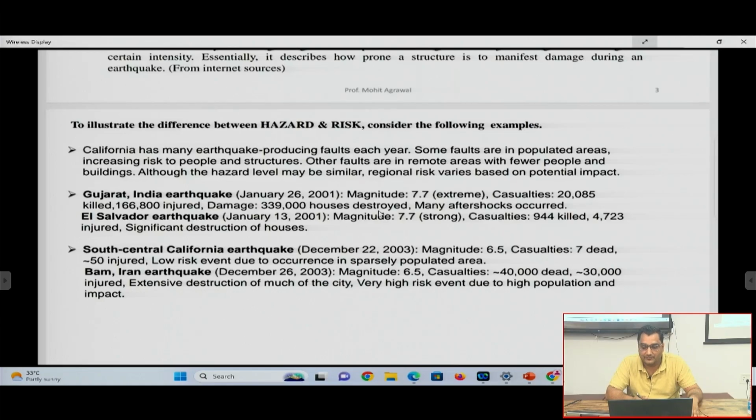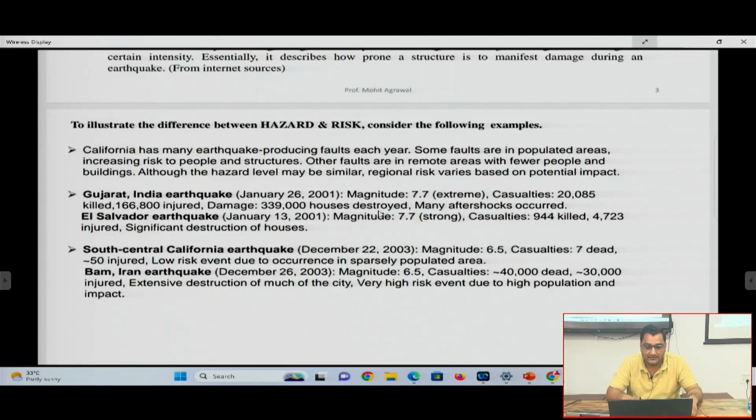For example, 40,000 people died, and around 30,000 people were injured. There was extensive destruction in the city, and it was a very high risk event due to the high population. So risk was high in the case of the Iran earthquake, because in Iran the structures cannot sustain the shear loading. They are basically designed to withstand the vertical loading developed by the earthquakes.